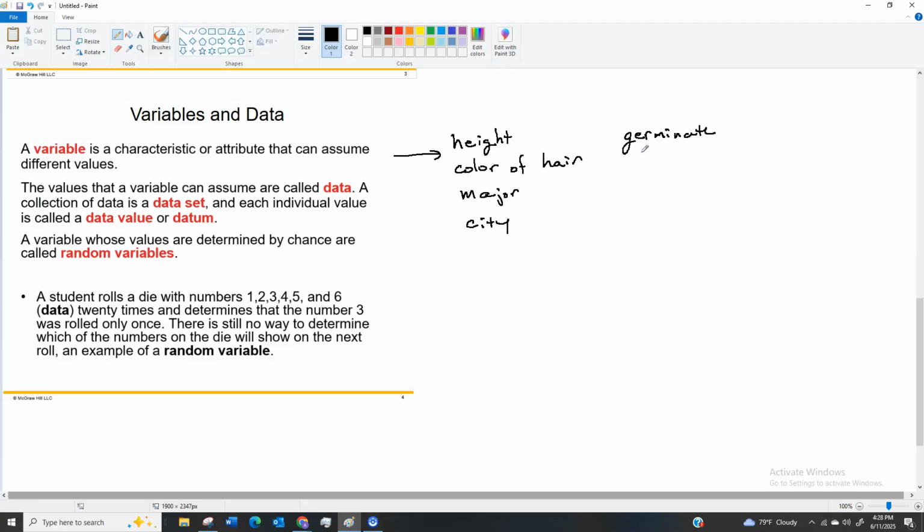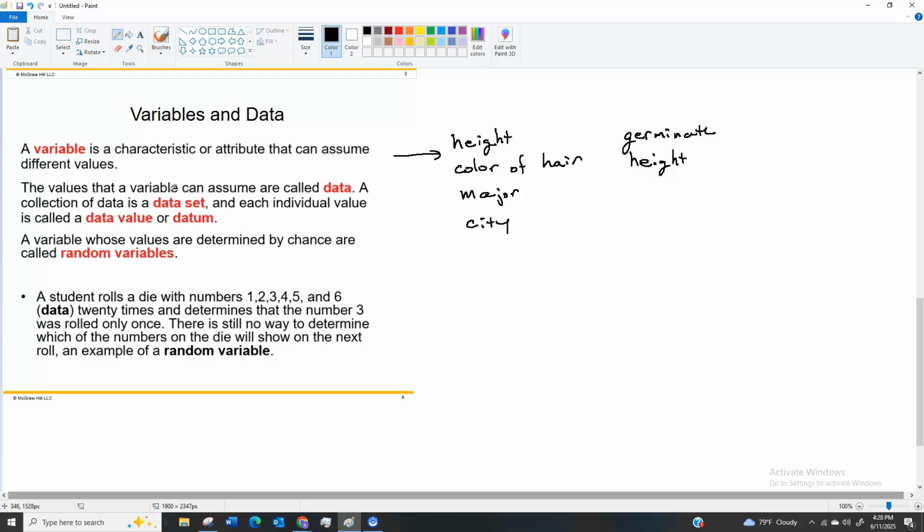It could be how tall it gets. So kind of like with people, it could be the height. But any subject that you're studying, you're going to be studying some type of characteristic or attribute of that, and that is called the variable in statistics.